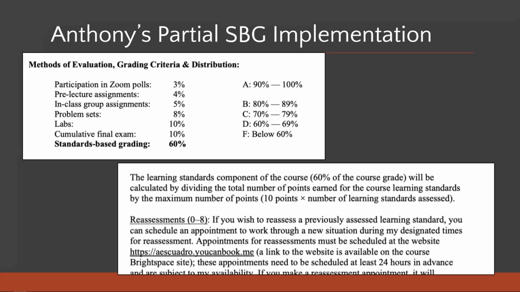If I could just add to what Anthony just said about conversations with students, in the before times after a test, which was the major assessment of the standard, I required students to come and talk to me, and I set up an appointment schedule. Those conversations weren't about why did I get this question wrong.